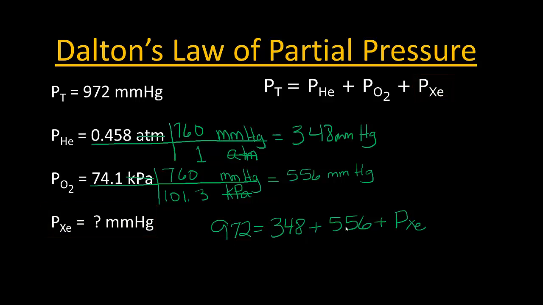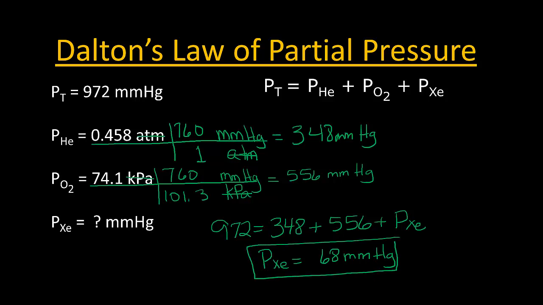If I add these two together and subtract them from 972, I will get 68 millimeters of mercury as my pressure for my xenon.